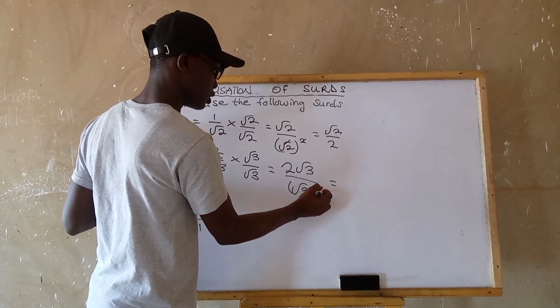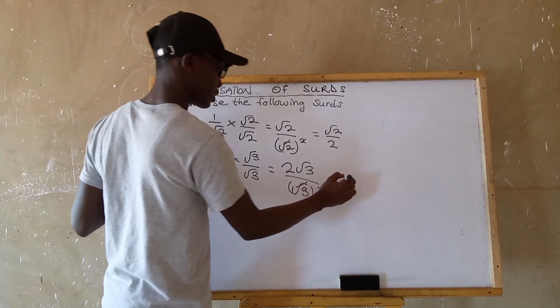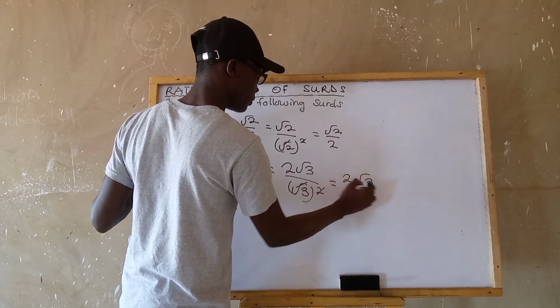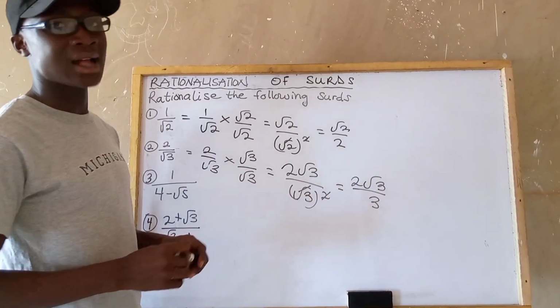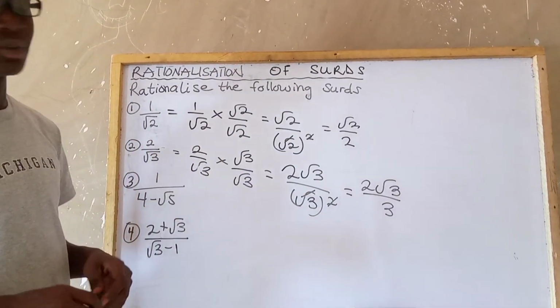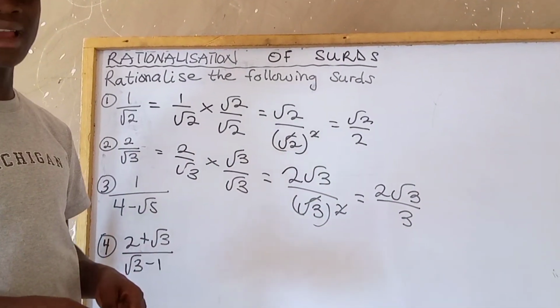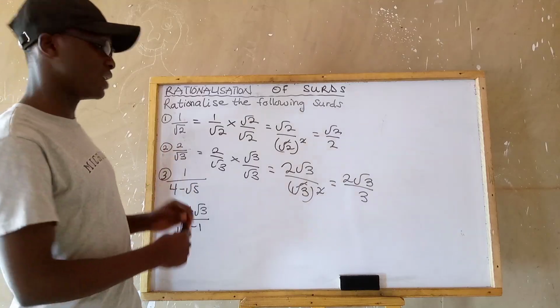The square cancels the root, to give us 2 root 3 over 3. Now we have a whole number at the denominator. So this is how to rationalize surds regarding this type.